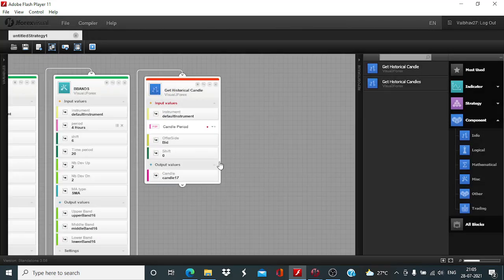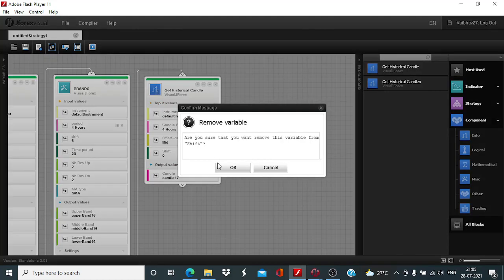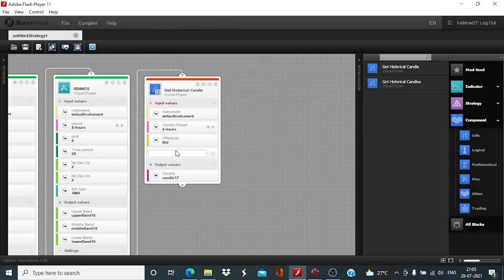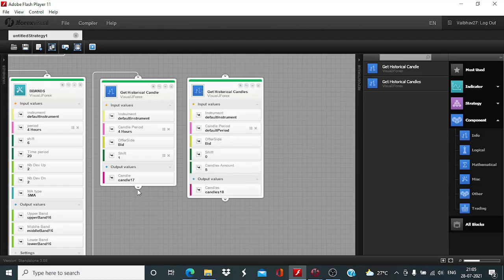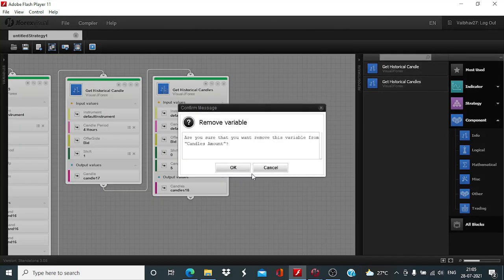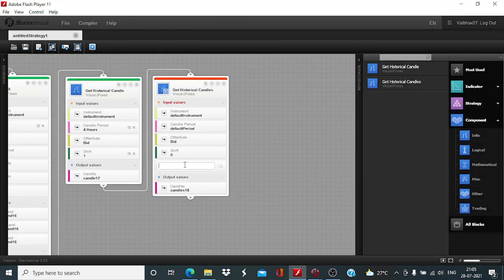This will be defined of 4 hours. Shift is going to be 1, and to consider the price action over last 2 days, we will have to take the cluster of 4 hourly candles, and the candle amount is going to be 12.